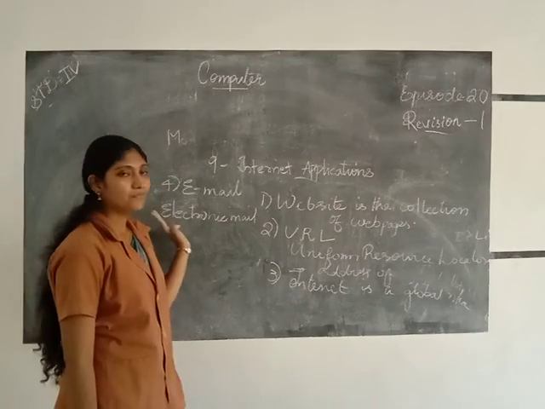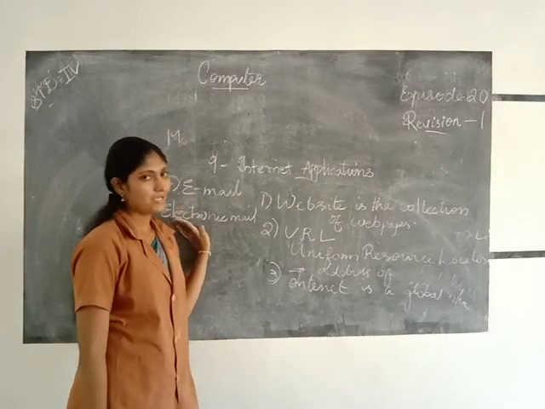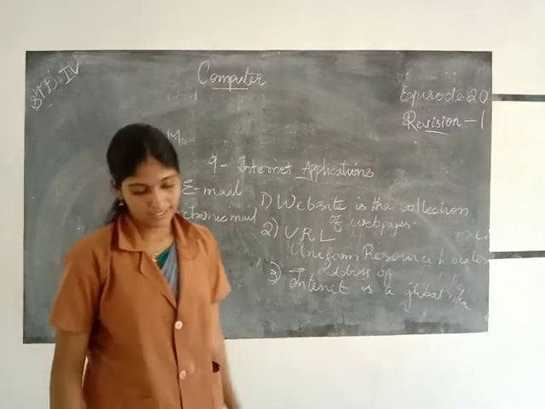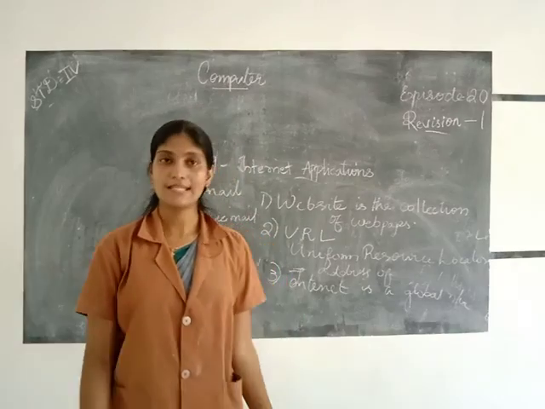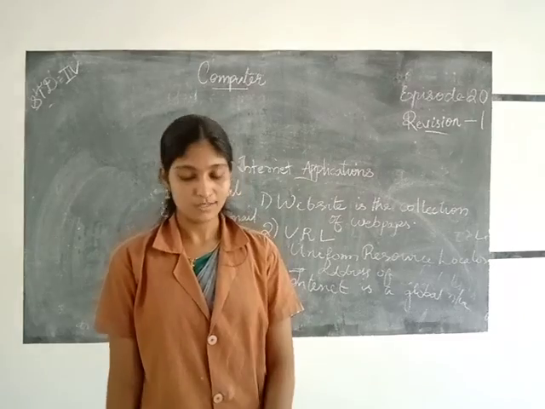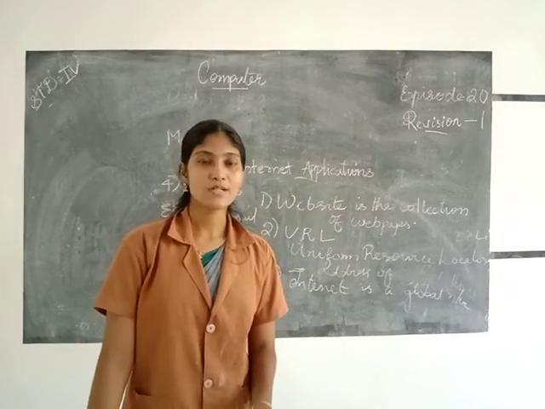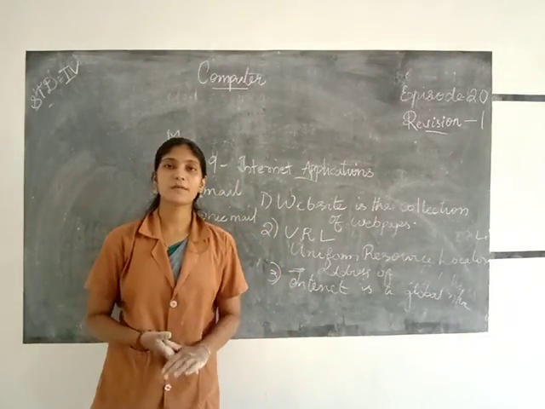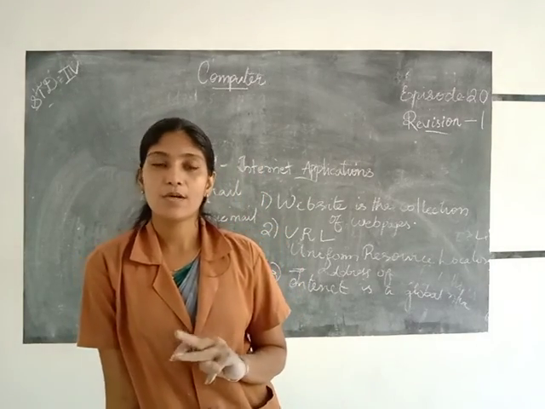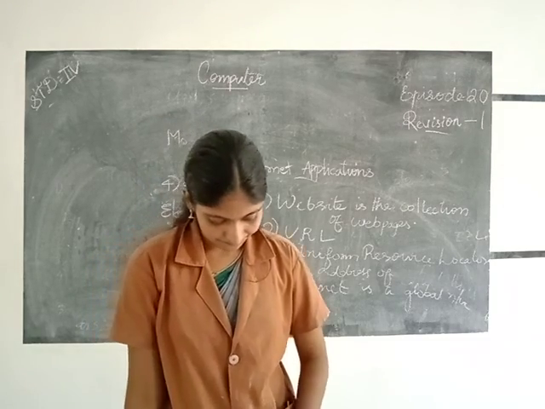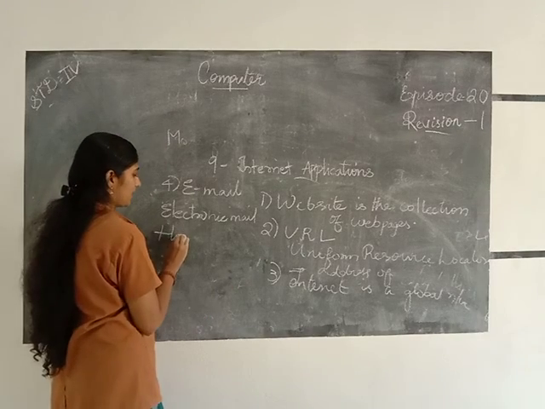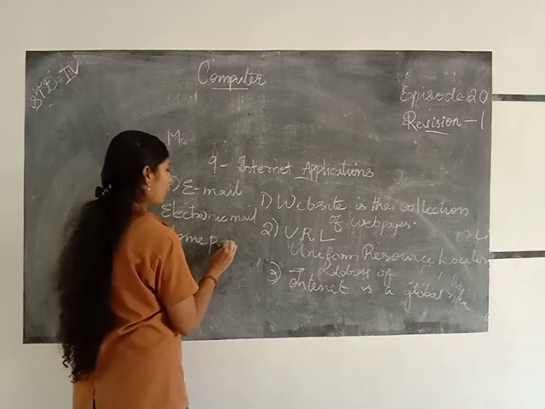And next, the full form of email is electronic mail, and the two main advantages are that it is very fast and economical. Then what about search engine? It is a website designed for searching information on the World Wide Web. Then which is the electronic way of sending messages from one computer to another? That is email. Last one, the instant way of communication is chatting. Then next point is home page. The first page of a website is known as home page.